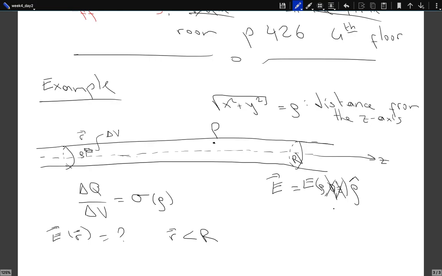But in this case, there's no such accumulation over there. Or if the charge density was such that I have very little charge on the bottom and very large charge on the top, if I rotate it, it will look completely different. So if that were the case, the electric field would have depended on phi also. But since this is not such a case, the electric field depends only on rho.